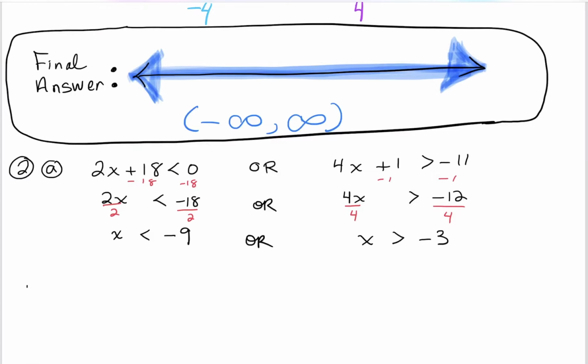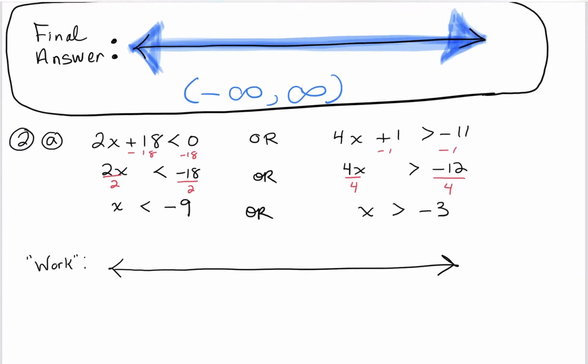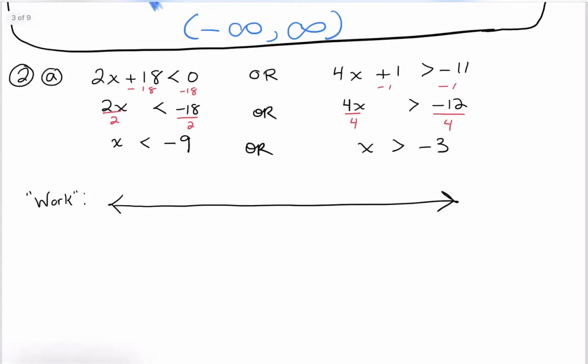All right, so I want you to think about your work initially as just thinking about what this graph would look like as we graph these. So let's say I graph here, and negative 9 is down here.